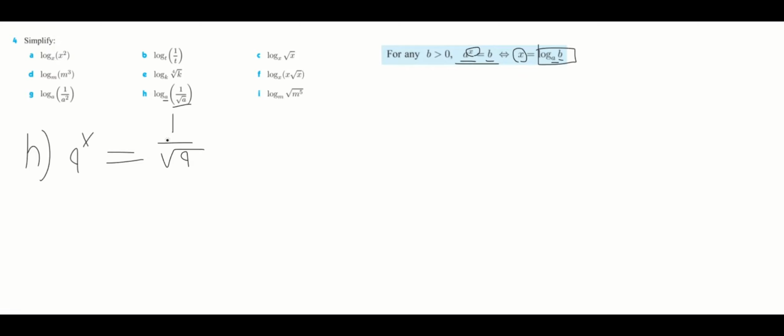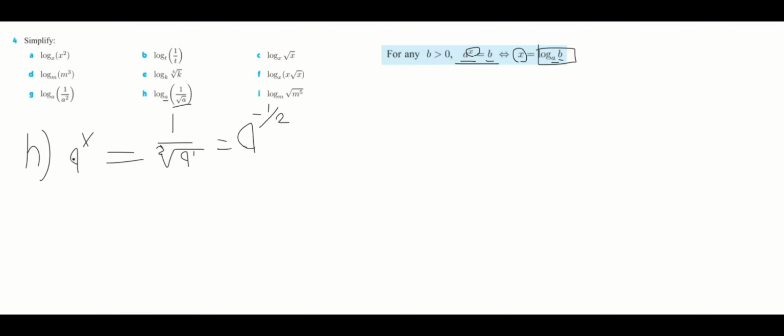And since it's a reciprocal, that means it's negative. And since it's a square root, the square root is of 2, and the term is to the power of 1, that means it's 1 over 2. So a to the power of negative 1 over 2 is our answer.